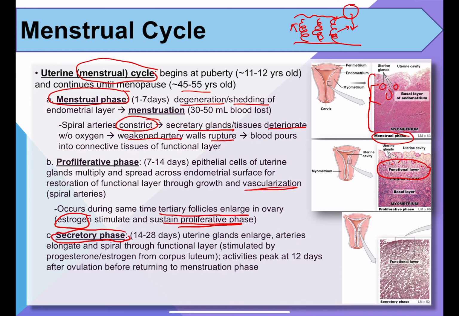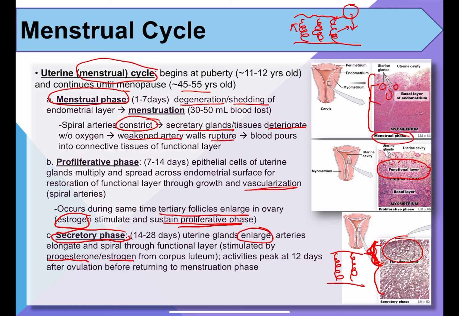This is when the uterine glands will start to enlarge. Arteries are really long now that they cover the entire functional layer of the uterus right here. And the functional layer and all that artery will then spiral all the way up to the top. And all of this is actually stimulated by progesterone and estrogen that's released by the corpus luteum.